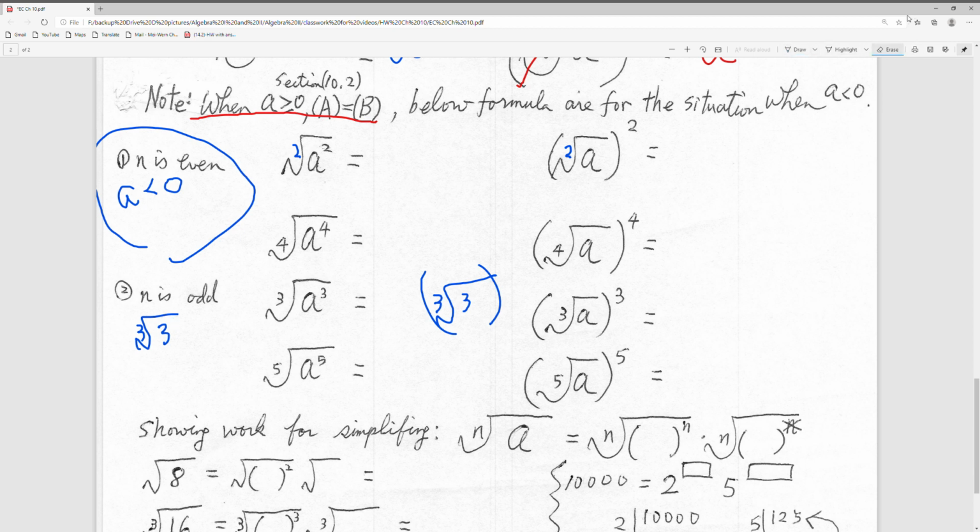Okay. If this is the cube inside or the cube outside, they are all positive. So no problem, they are equal. So this is 3. This is also 3. Why did I use all 3s? Sorry. It's not a good example. Let me change it to, how about 7? Okay. So this is 7, this is also 7.